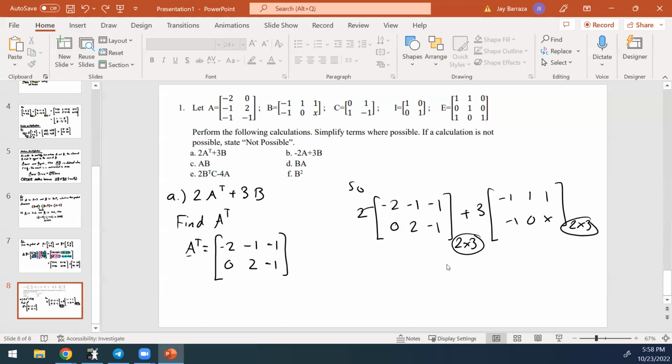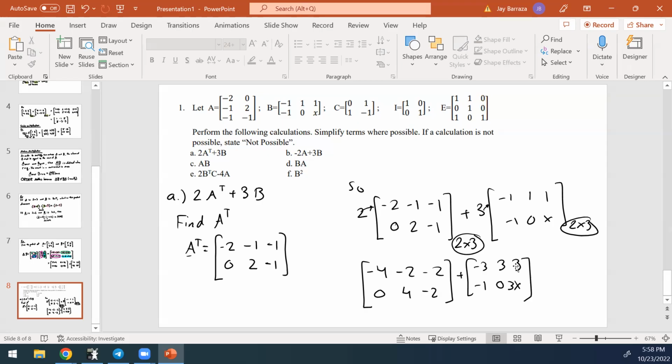So then I distribute the 2 inside and the 3 inside. So then I get -6, but that's not correct, it's -4, -2, -2, 0, 4, -2, plus -3, 3, 3, -1, 0, 3x.